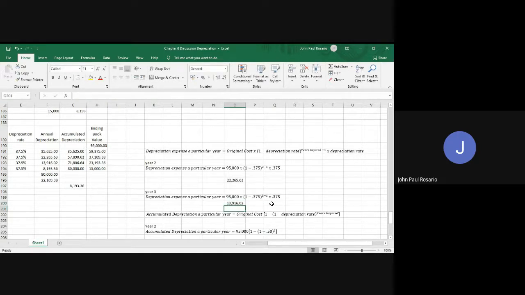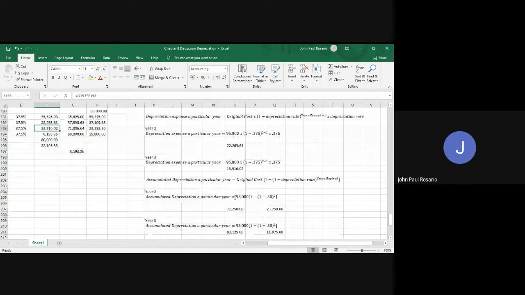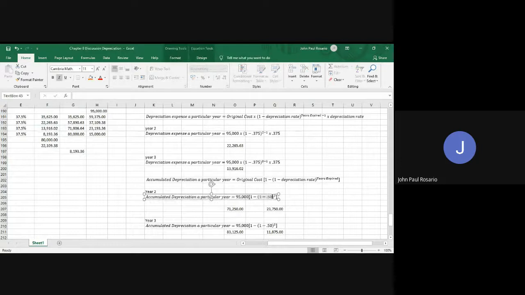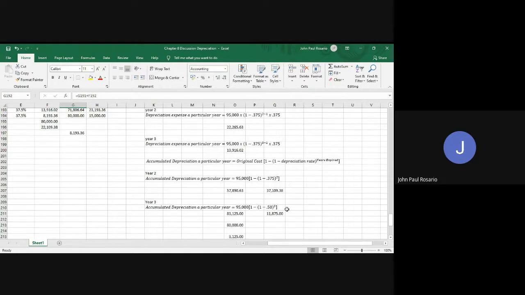We got 13,916.02, which is equal to our depreciation expense per our depreciation schedule. For our accumulated depreciation, this will become 37.5 in our formula as well. So that's 57,890 as our accumulated depreciation in year 2 and 37,109 as our book value.